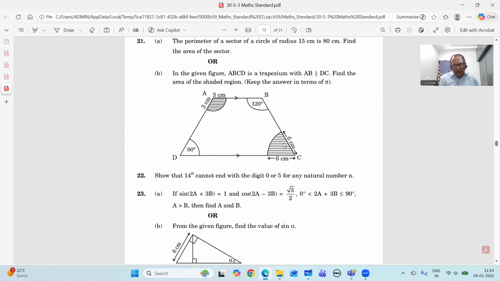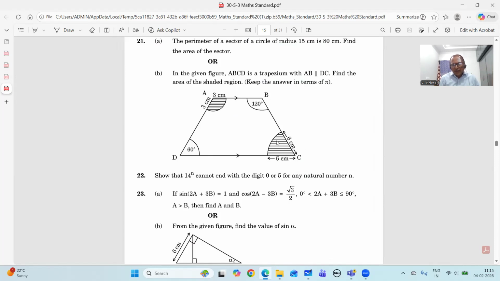This being 120 degrees, this becomes 60 degrees. So we know the angle of this second sector, and the radius is known. We can calculate the area with radius 6 and angle 60 degrees. 60 degrees should be converted into radians, and then we calculate the area. Similarly, here the angle is 120 degrees; convert that into radians and calculate the area.